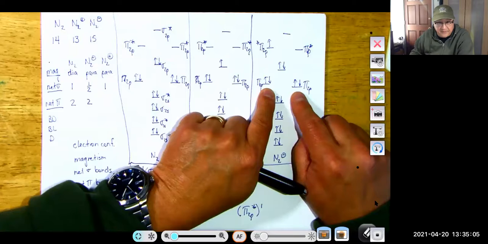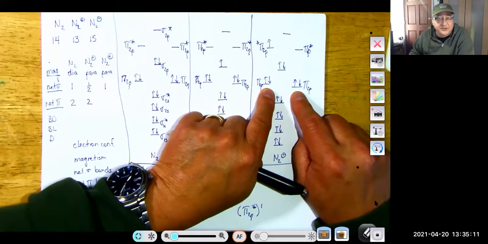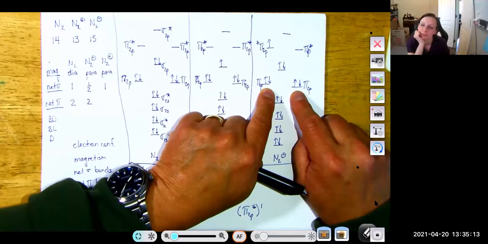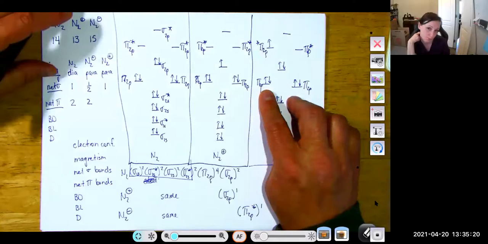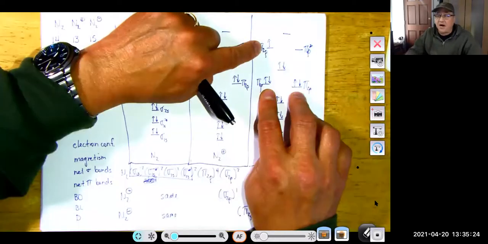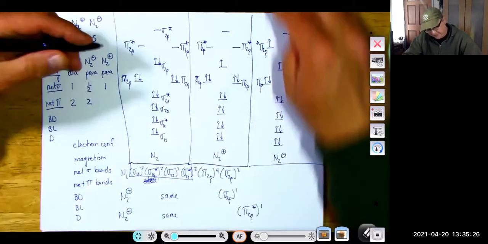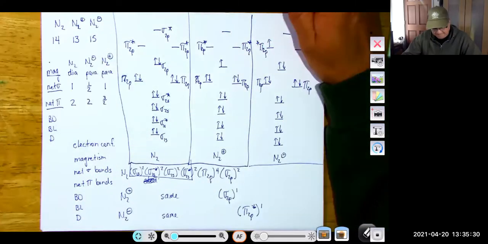It's 3. Can you repeat that? What's my net number of pi electrons? It's 3. Net means considering everything all together, right? So I've got 4 minus 1, 3. How many bonds is 3 electrons? 1.5, or I wrote 3 halves, same thing.